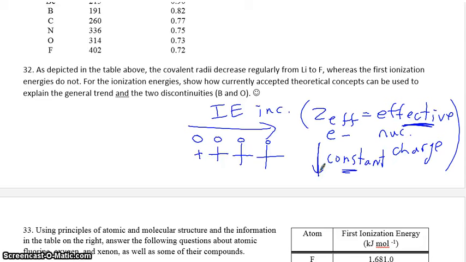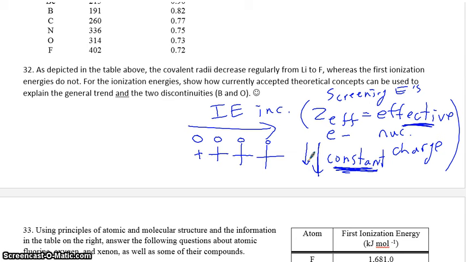Actually, I'm sorry, it's effective nuclear charge, you subtract away the number of screening electrons from the number of protons, the atomic number. But the idea is that made no sense. It's just remember that effective nuclear charge is constant because you're actually going down the shells.